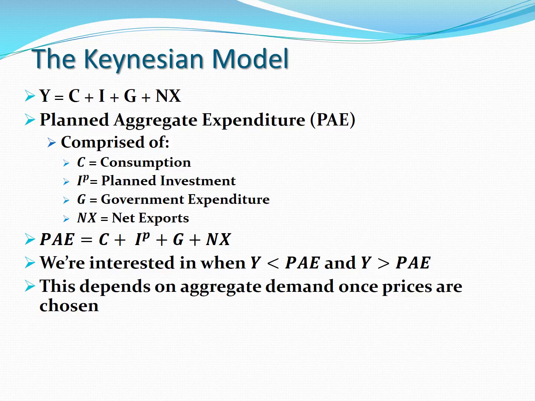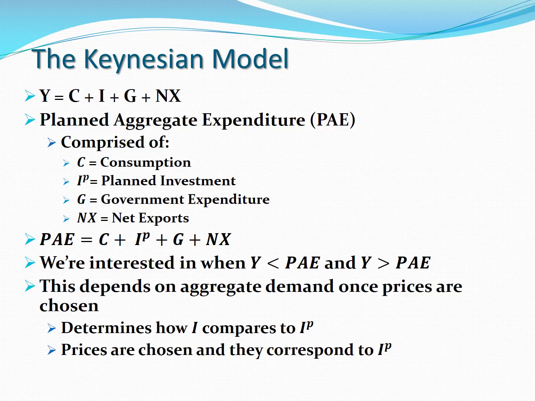Businesses try to be accurate, but there's always going to be some kind of short-term shock that occurs, and that's going to affect aggregate demand. Again, we're interested in how the actual level of investment compares to the planned level, and the difference is going to come through changes in inventories, where if inventories are greater, I will be greater than planned investment.